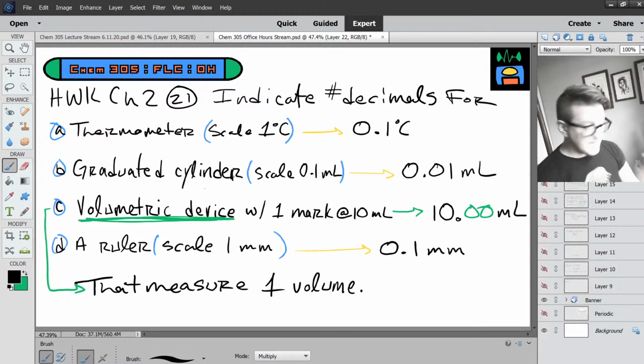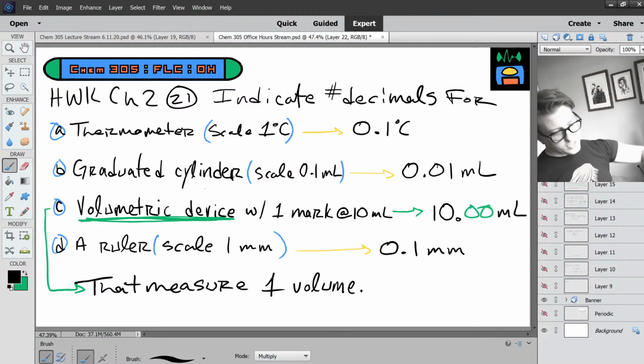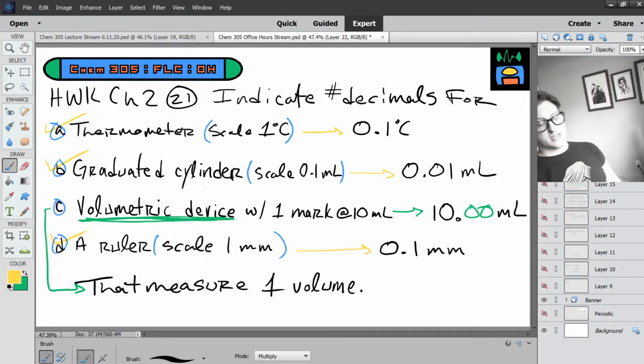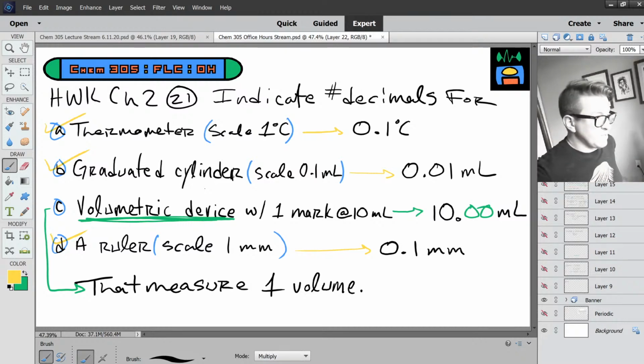All right, so that's something new. You could answer A, B, and D based on what we talked about in class, but we have not talked about volumetric glassware, so that's how you handle that question. Hopefully that makes sense. And please let me know if it doesn't.